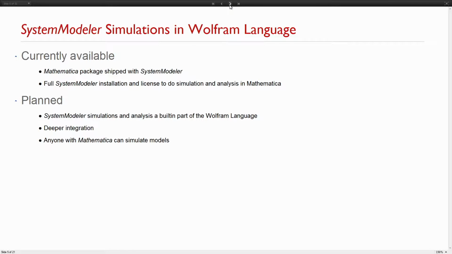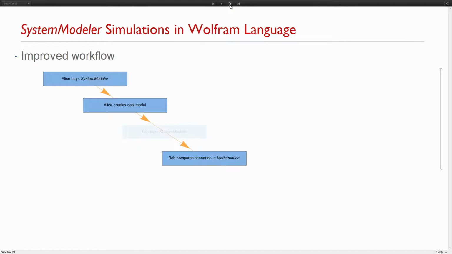And of course, it means that anyone that has Mathematica can run the models you have created in SystemModeler. So for our scenario, that means Bob doesn't have to buy SystemModeler anymore. He can just take this cool helicopter model and run his scenarios in Mathematica.